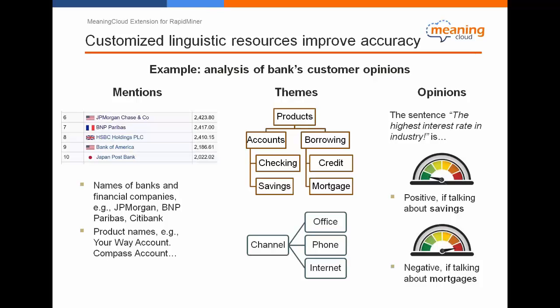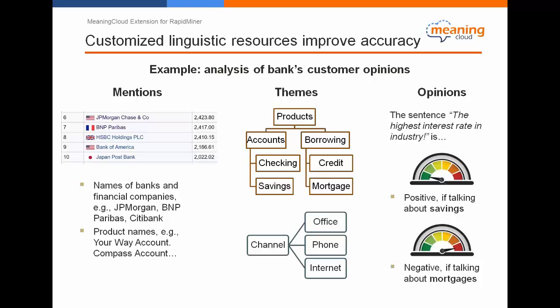It's interesting to unambiguously detect mentions of your organization, your competitors, your brands, etc. Or to classify text according to useful taxonomies like the product families of the bank, or the communication channels of the bank, or to adapt to the subtleties of the language in specific industries as it relates to sentiment.